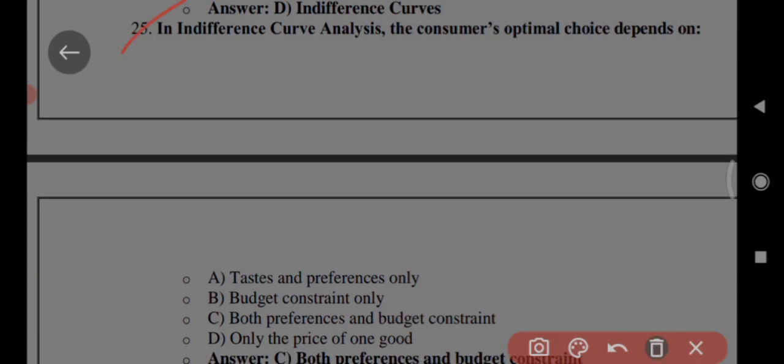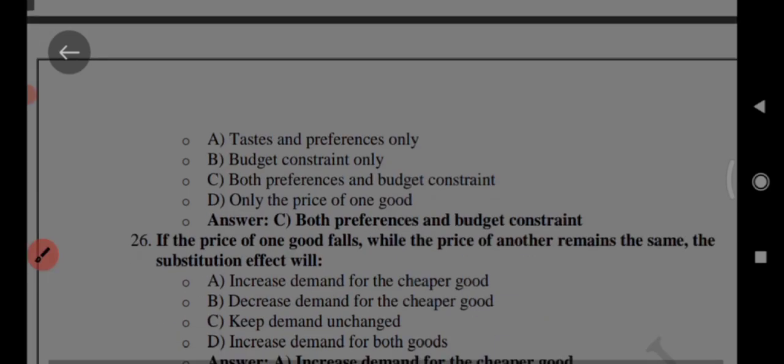In indifference curve analysis, the consumer's optimal choice depends on option C, both preferences and budget constraint.